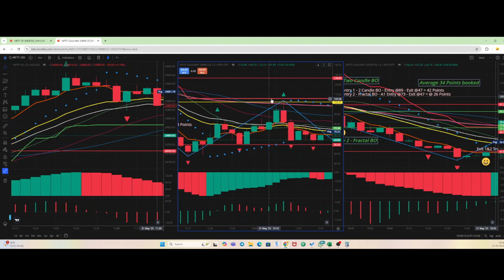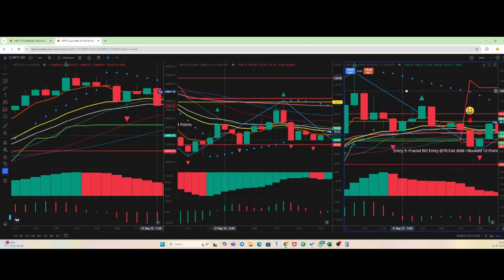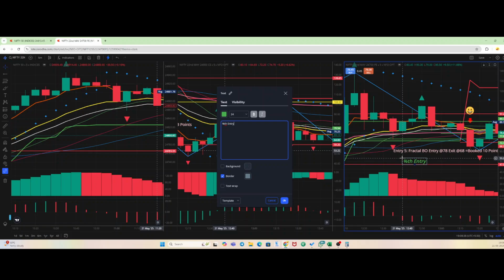Then if you see the fifth trade, on the P side, that is also a fractal breakout.